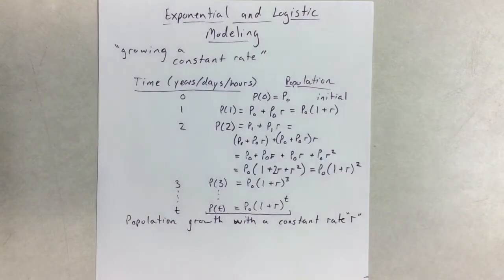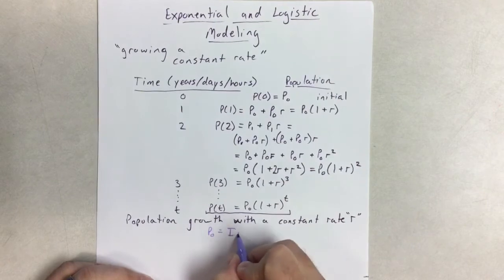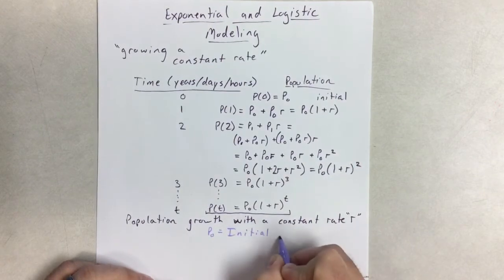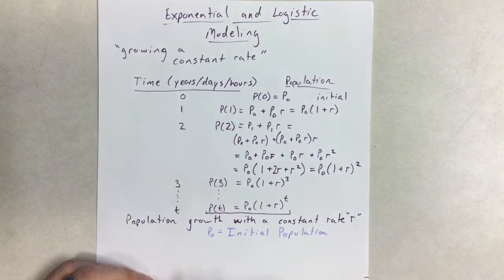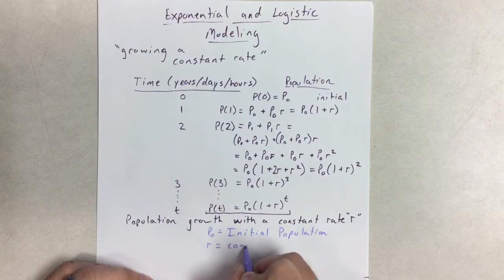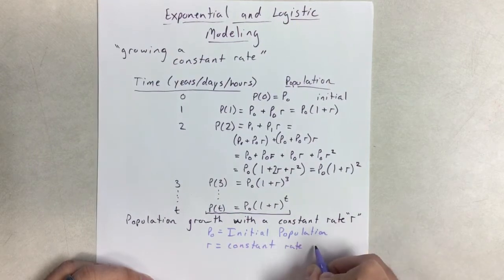Okay? And from here, I want to say that P sub 0 is our initial population. And R is going to be our constant rate percentage.